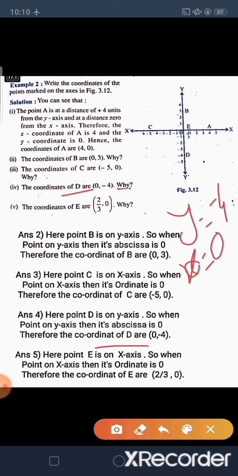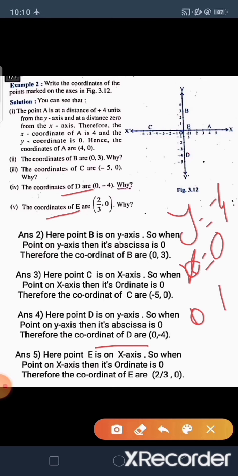And last, the coordinate of point E. Here point E is on the x-axis and it lies between 0 and 1.